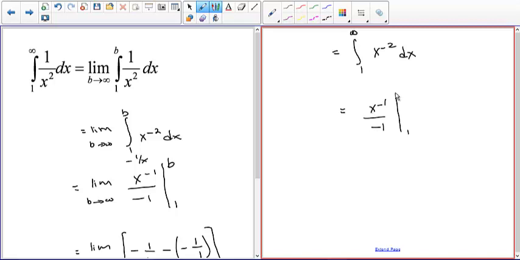Here are my limits, which include infinity instead of b. That's the same as negative 1 over x. And now you plug it in, you get negative 1 over infinity minus negative 1 over 1, which is 0 plus 1, which is 1. And you get the same answer. You get 1, okay?